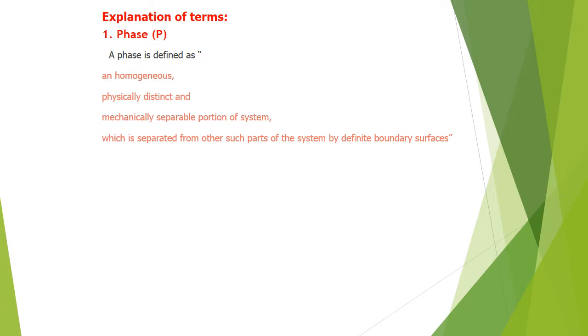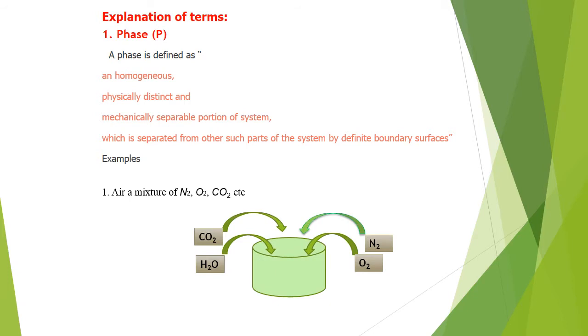Let us understand this definition with some examples. Air is a mixture of nitrogen, oxygen, carbon dioxide, water vapor, etc. If we have all these gases in one system, how many phases am I going to have? Can you distinguish with your naked eye where the nitrogen, oxygen and carbon dioxide are?